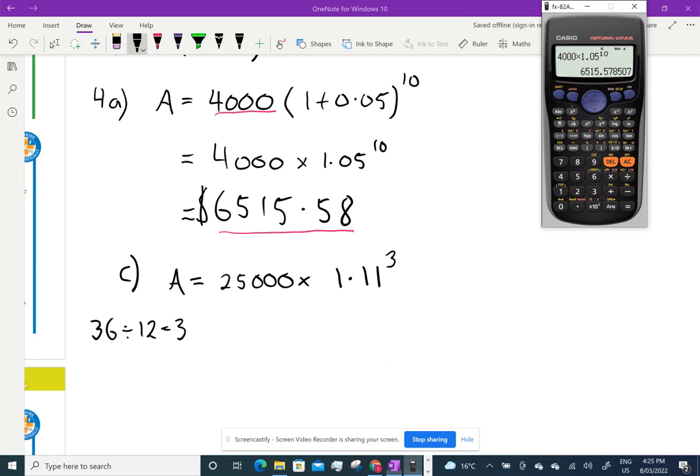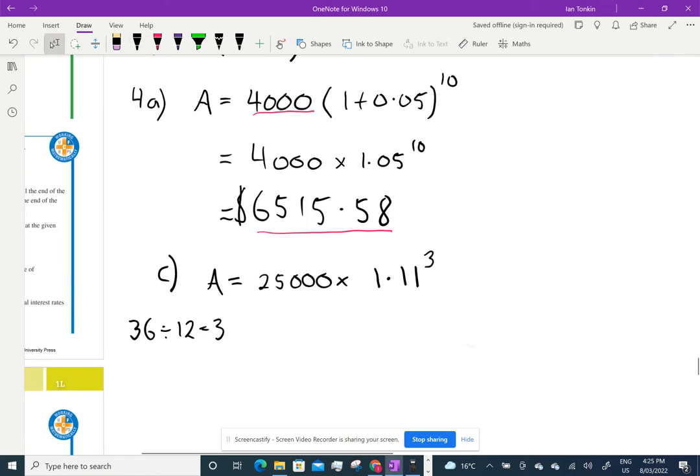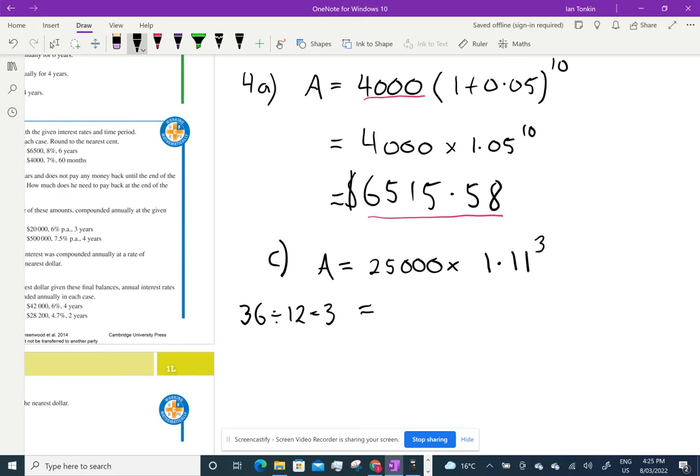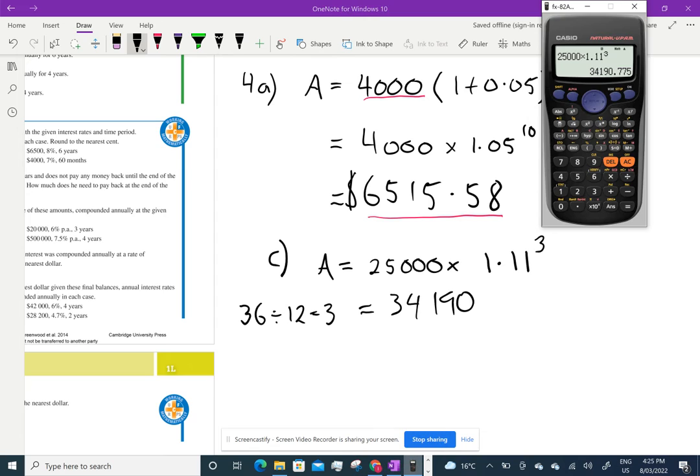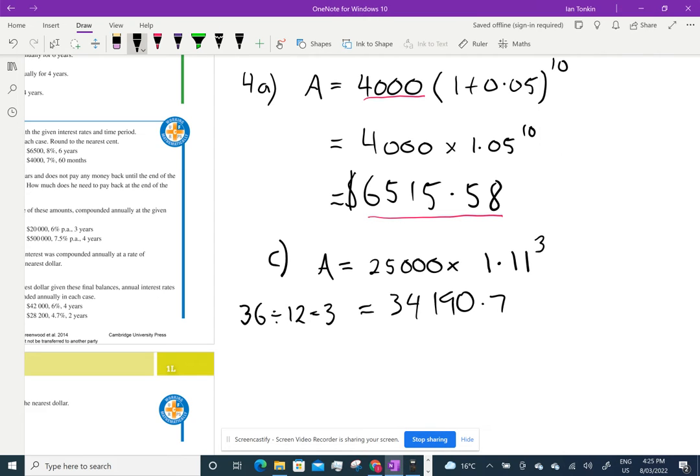So then I'll just pull up my calculator, 25,000 times 1.11 to the power of 3. And there you go, 34,190 and 78 cents.